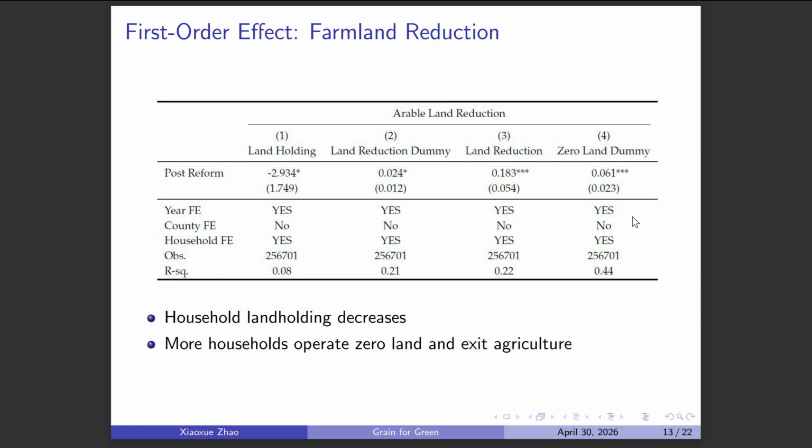And more importantly, consistent with our model's assumption, we find that the implementation of the program in a village significantly increases the probability that rural households in the village operate zero land and exit agriculture completely.